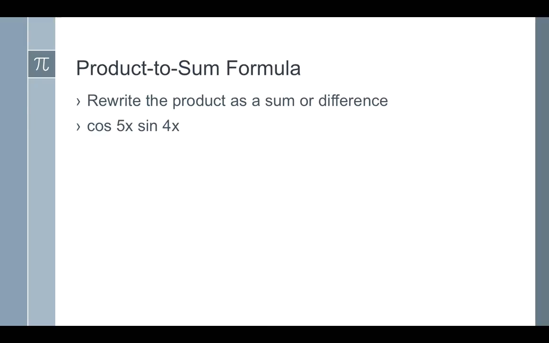All right, another one, product to sum. So what we want to do is we want to be able to rewrite a product as a sum or difference. So the cosine of 5x times the sine of 4x. If you look down there, you actually have an identity at the fourth one, I think, where it is the cosine of u times the sine of v.